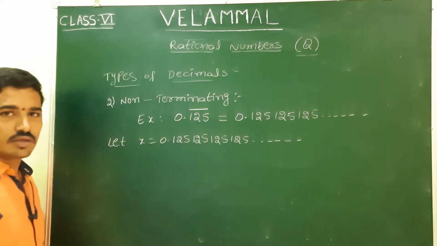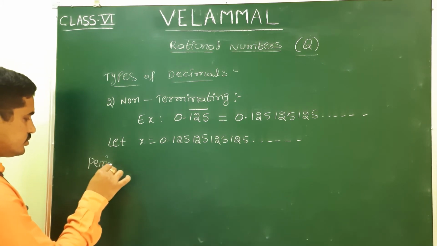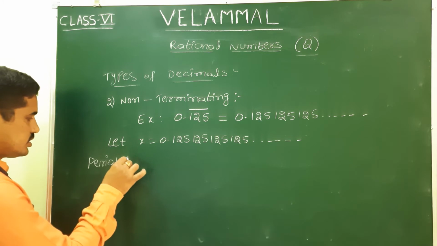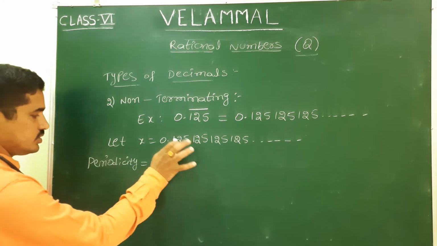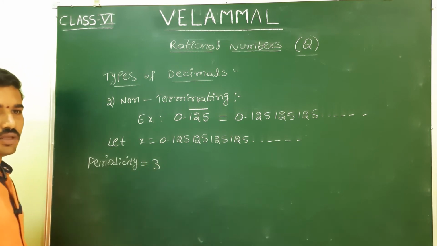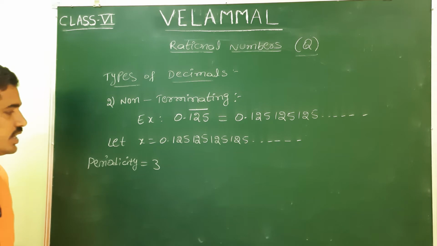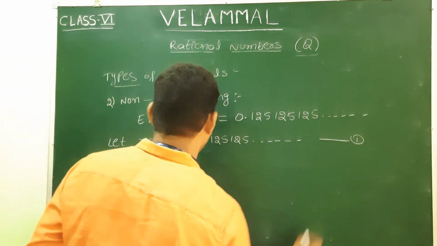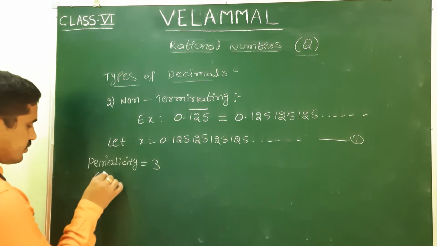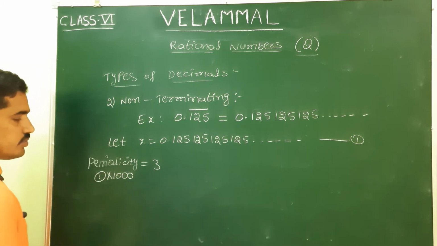And so on. Now what is the periodicity here? Periodicity is 3. So whenever the periodicity is 3, let it be equation 1. We need to multiply equation 1 with 1000. 3 is there, so we are multiplying with 1000.